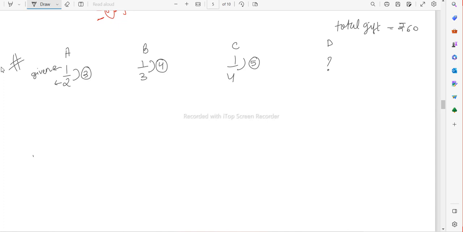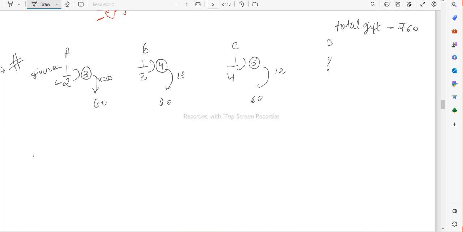Now, how much more is 60 of 3? It is 20 times more. How much is 60 of 4? This is 15 times more. And how much is 60 of 5? Here it is 12 times more.